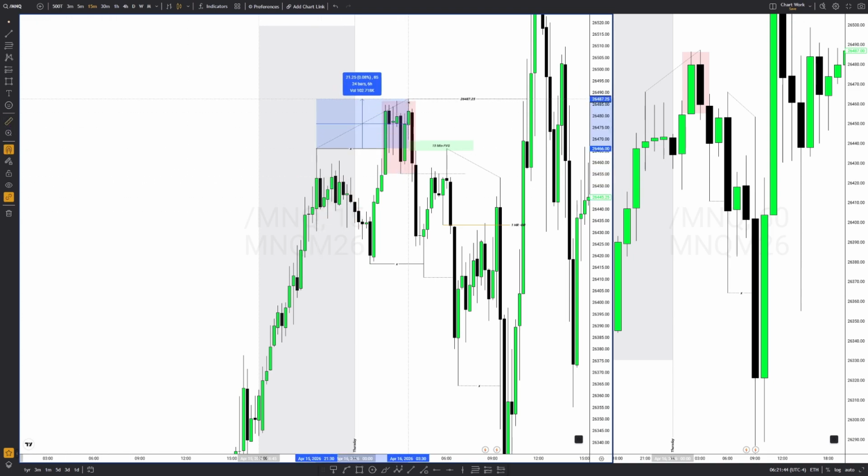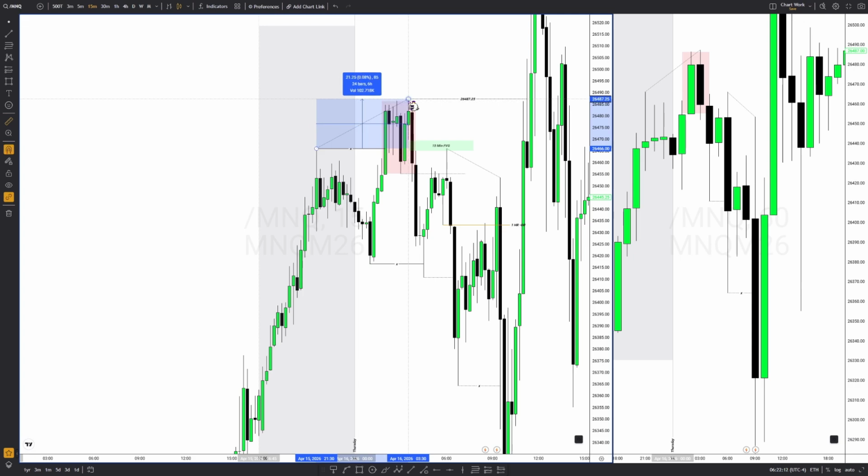So it took about 4 hours and 30 minutes for it to finally get above this high, based upon the structure here moving lower, retracing the continuation. It sat and consolidated above this high for about an hour and 45 minutes to be exact.